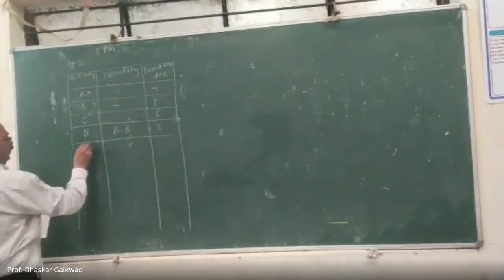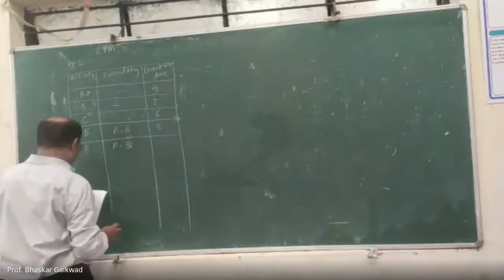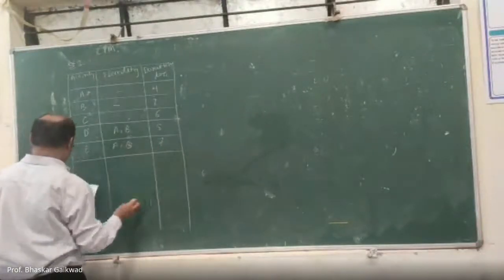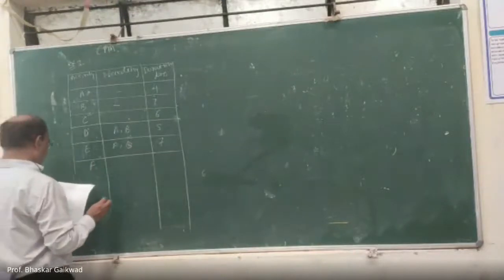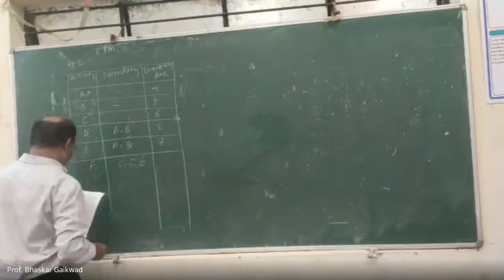Then activity E, A, B, 7. Then F, preceding activities C, D and E, 6.